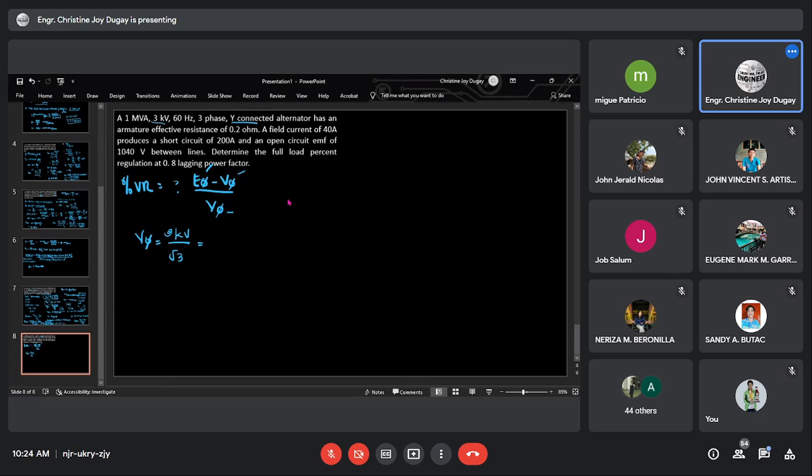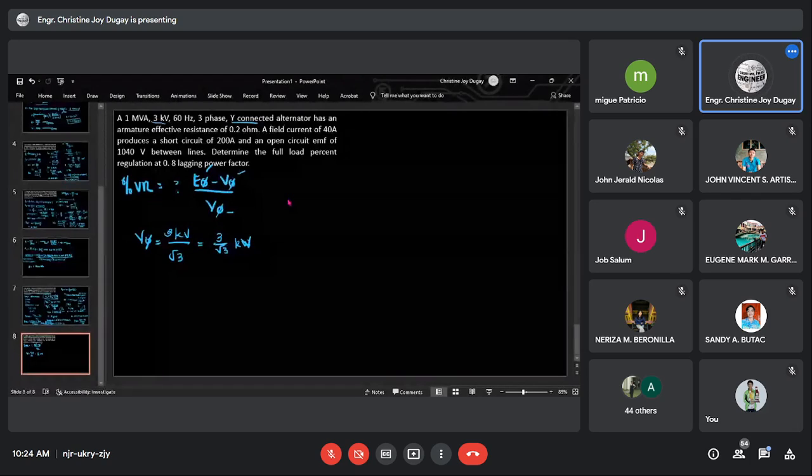Para hindi na kayo mag-round off. Pag minsan, actually, ganito ang solutions ko, no? Hindi ko na siya simplify. Kukunin ko na lang later on para in my final answer, hindi na ako magra-round off ng mga decimals ko. No? Okay? So, yan na po ang V-phase natin.